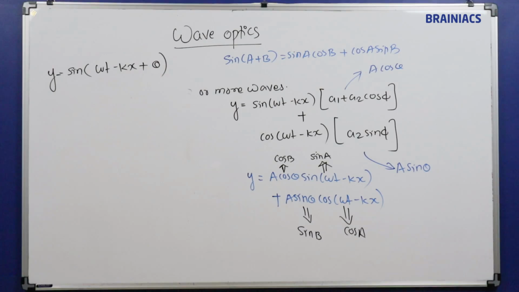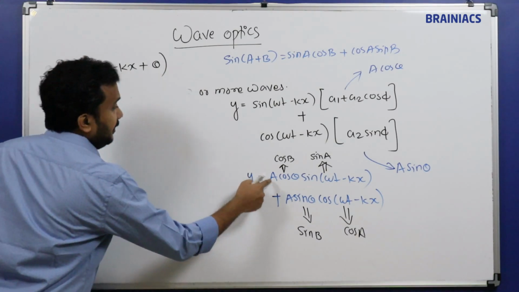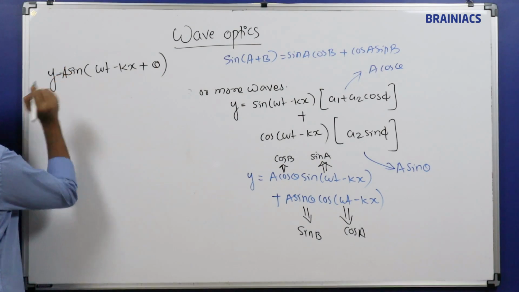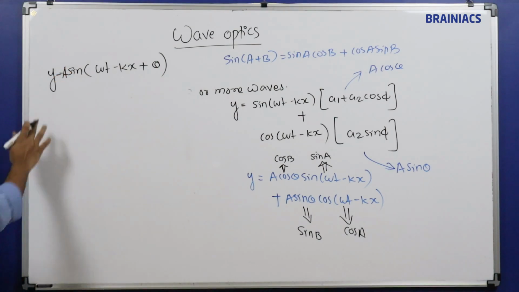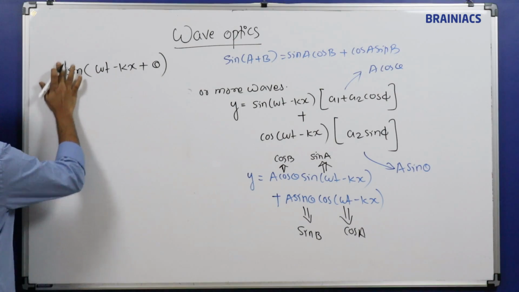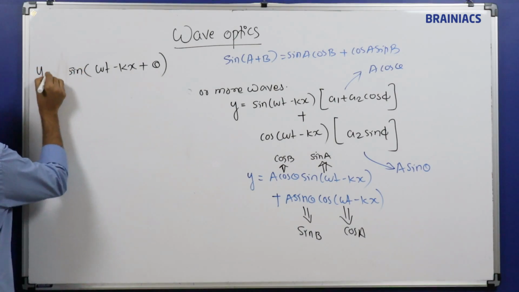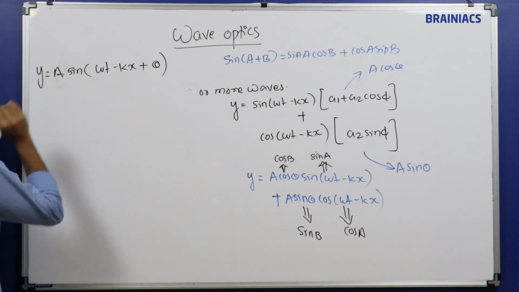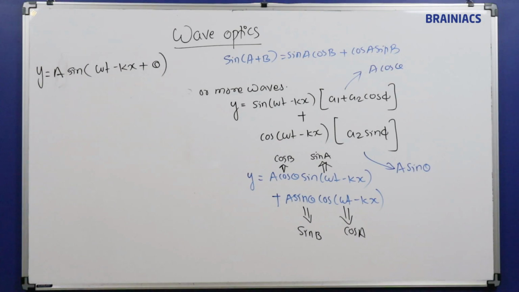So y is equal to sin of A. A is there, so A will also be here. Let me make it more clear. Taking A outside, y is equal to A sin of omega t minus kx plus theta.